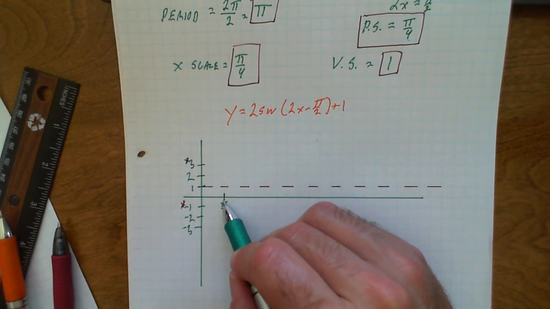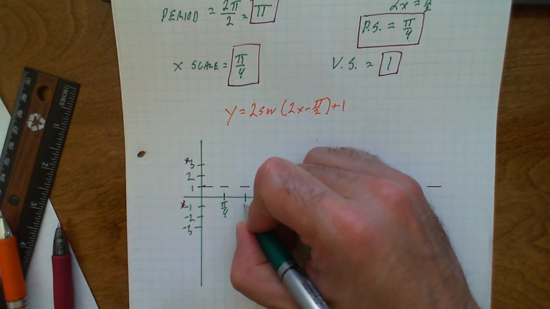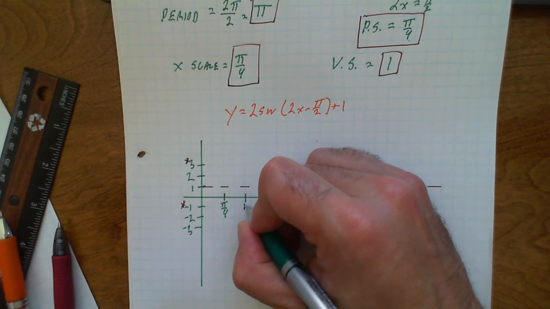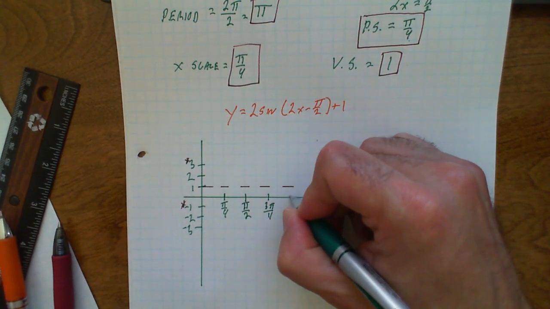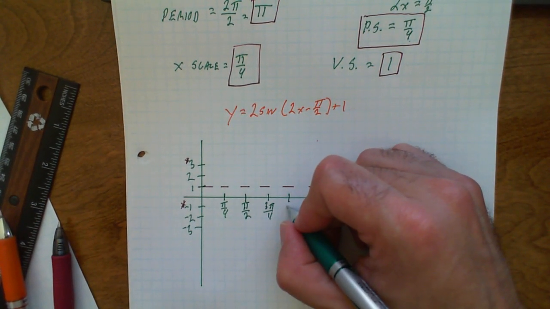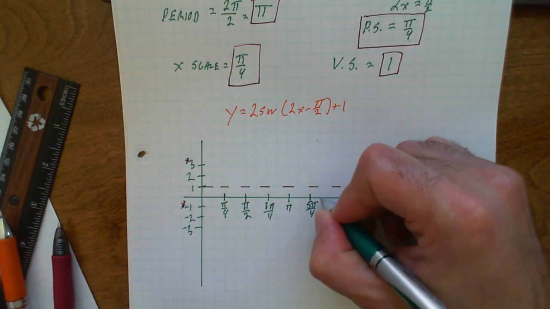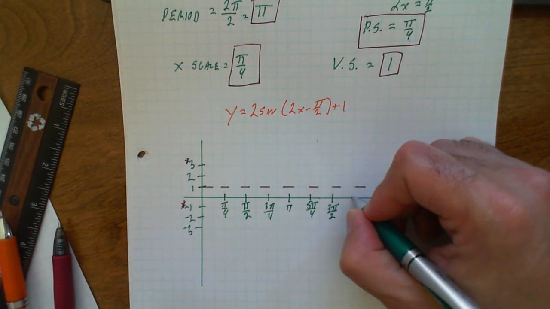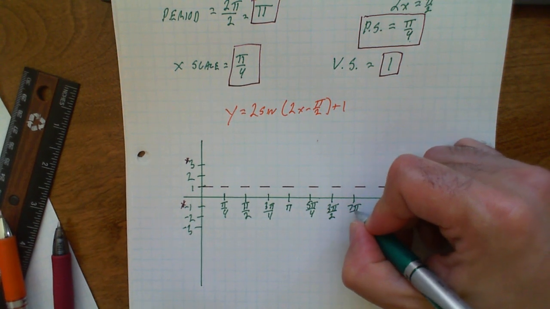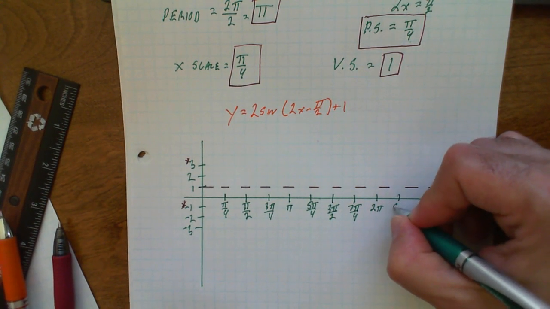So 1 pi over 4, 2 pi over 4, which will be pi over 2, 3 pi over 4, 4 pi over 4, which will be pi, 5 pi over 4, 6 pi over 4, which will be 3 pi over 2, 7 pi over 4, 8 pi over 4, which would be 2 pi, 9 pi over 4.